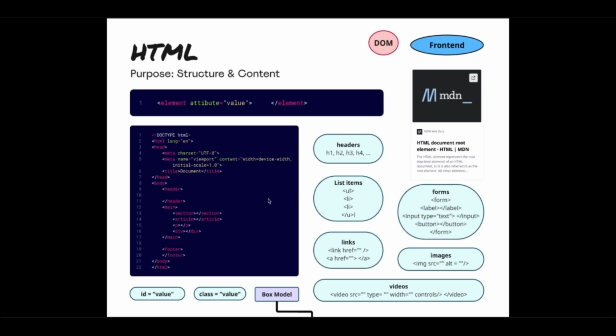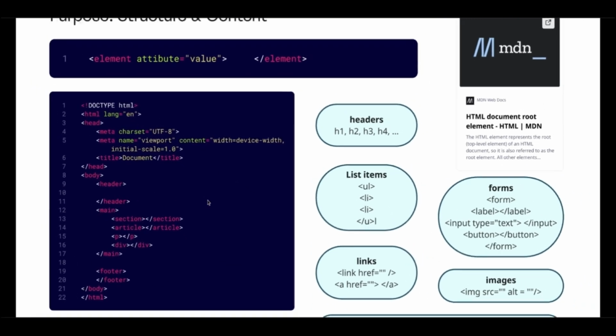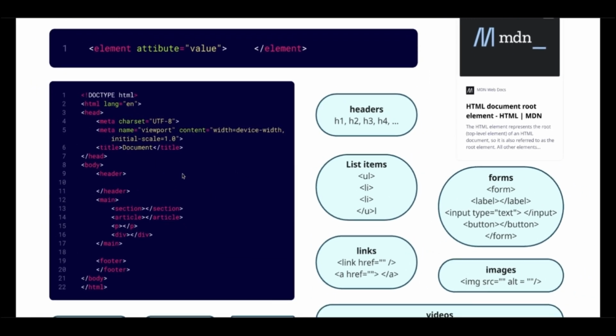This here is a good example of an HTML document structure without the content, but the structure of each document is designed to break down parts of the website. The head of the document is not rendered on the website, but it includes the metadata that's needed.